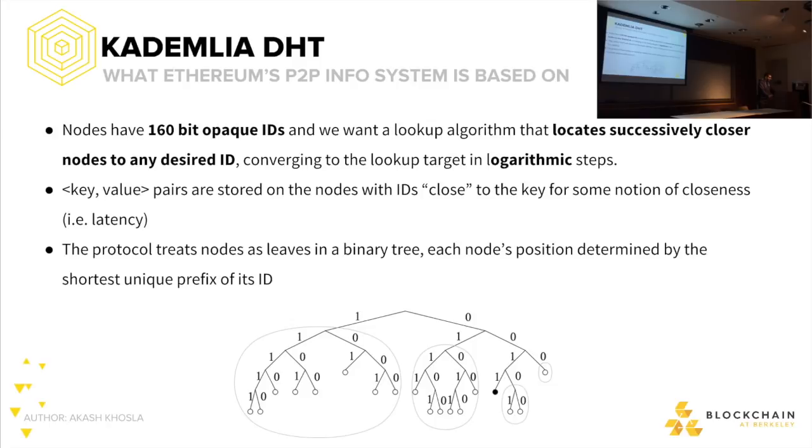Key value pairs are stored on nodes with IDs close to the key for some notion of closeness, and this can be latency related, or you could come up with other parameters, but it's up to you to decide how you want to implement this. The protocol will treat nodes as leaves in a binary tree, where each node's position is determined by the shortest unique prefix of its ID. So you can see here, all the nodes are at the bottom of the tree. And this is a prefix tree.